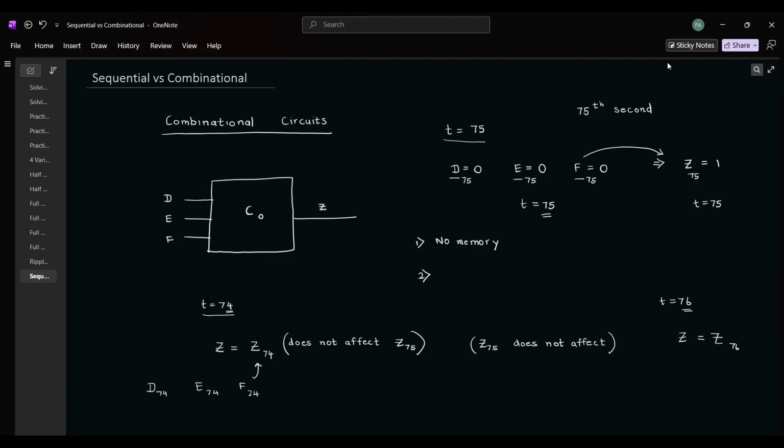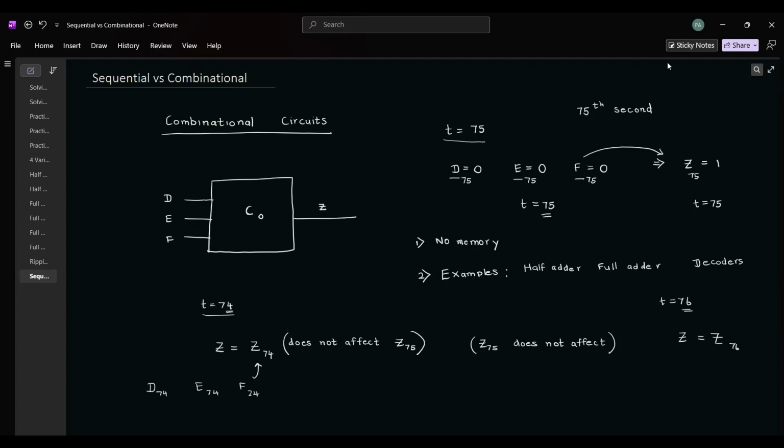The second point is the examples. We have to know some of the examples. Any normal logic gate is a combinational circuit. Any AND gate, any OR gate is a combinational circuit. But for some better examples, half adder, full adder, multiplexers, and decoders are all combinational circuits.